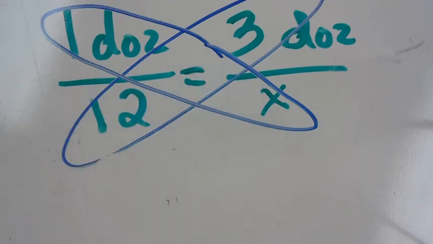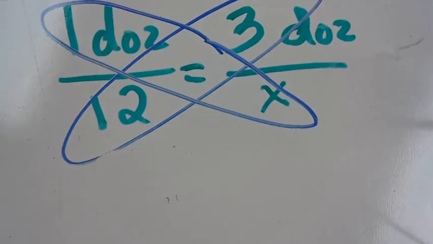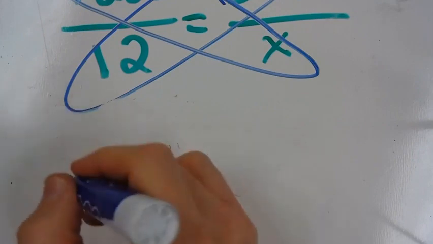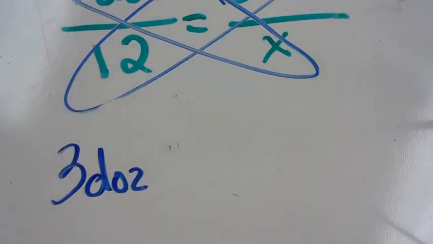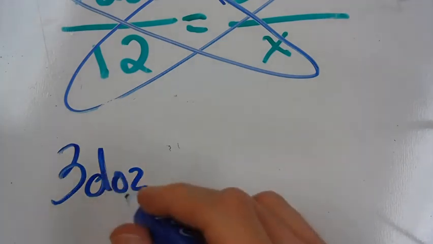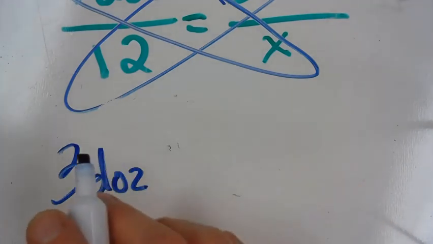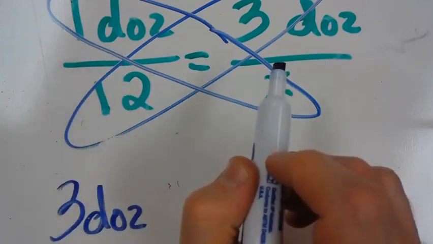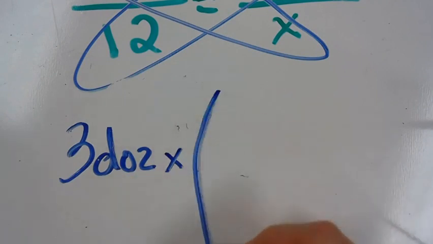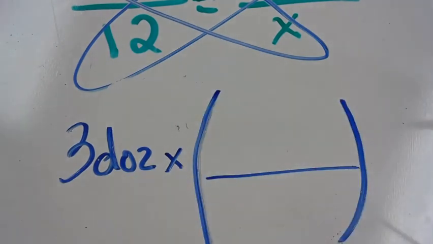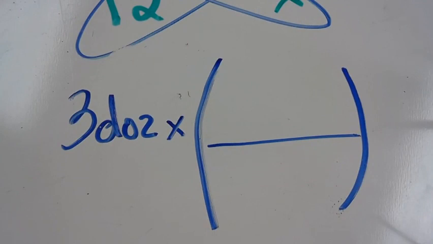Okay, so I'm going to keep this, but I want to start us off with how we're going to start setting up our work. And that's all going to be based on our starting value. So in the first example, we had 3 dozen as our starting point. And now instead of it being a proportion, and instead of the left side being equal to the right side, our starting value is already, we're going to multiply by what we call a conversion factor, or by a fraction.